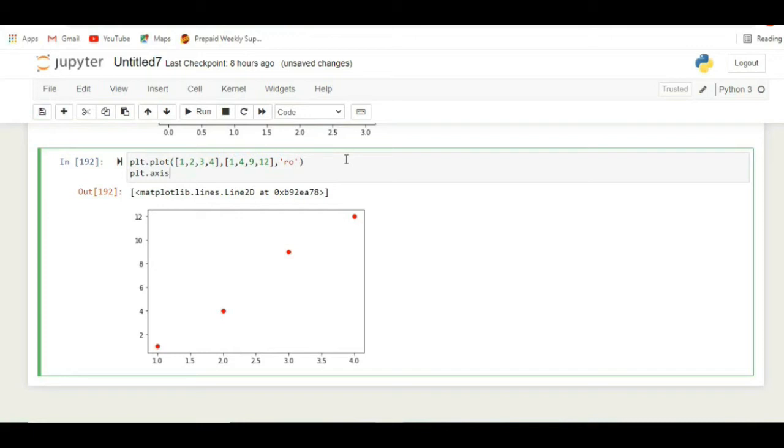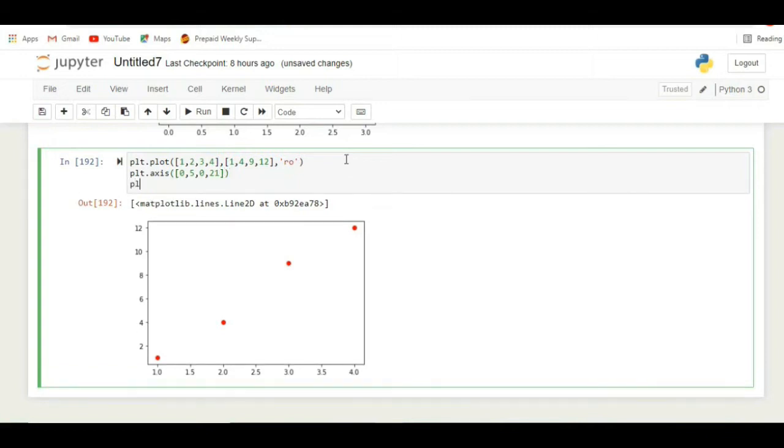plt.axis. Inside the square brackets you write 0, 5, 0, 20 and then 21. And this is plt.show.